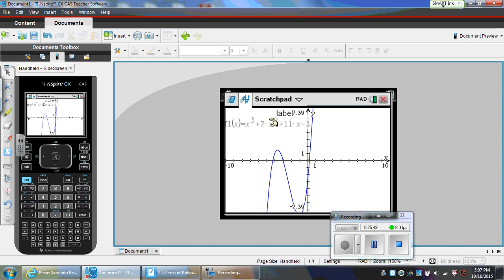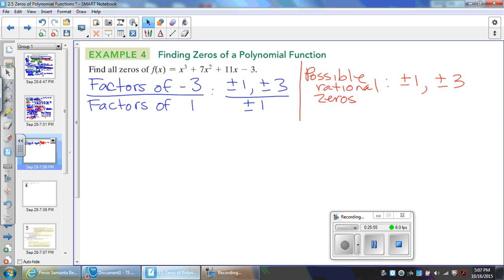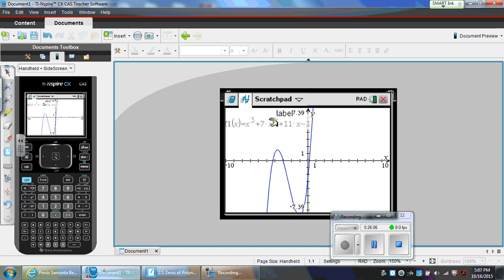Now, if we look at the possible rational zeros that we had, we only have integers. But if we look at the graph, the only integer that we can see here clearly is negative 3.